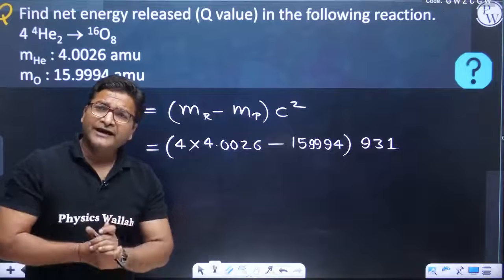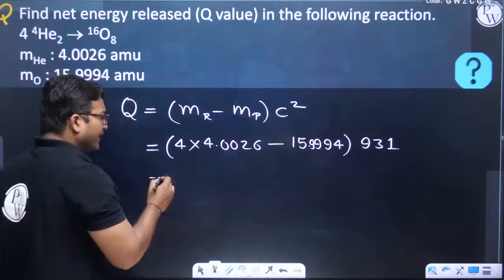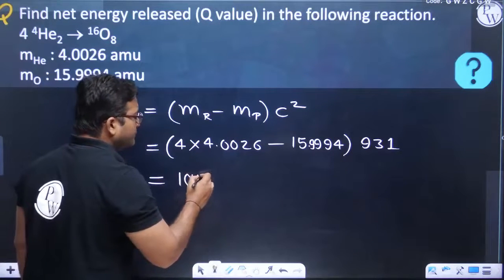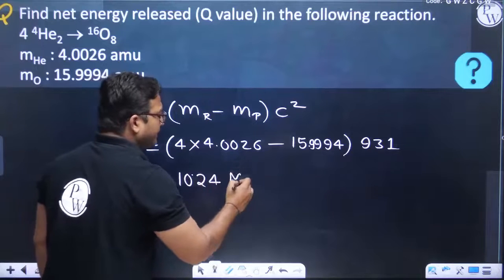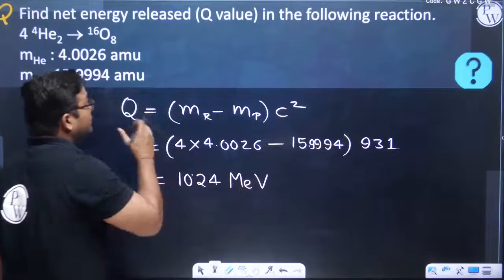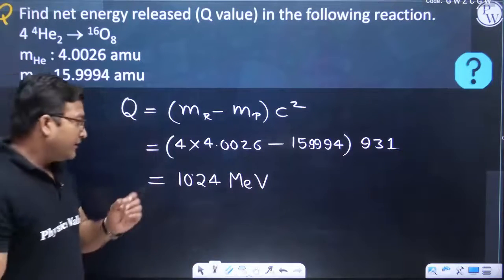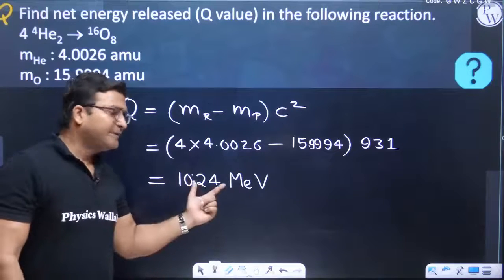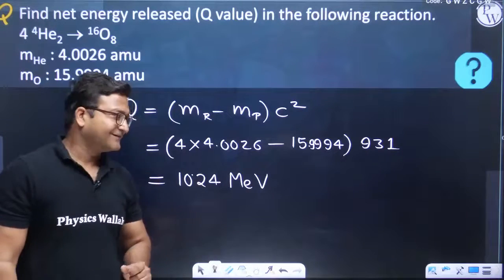And after all calculations, you will see the Q value of the reaction would be 10.24 million electron volts. So in each of these reactions, per reaction, this much energy will be released. Okay.